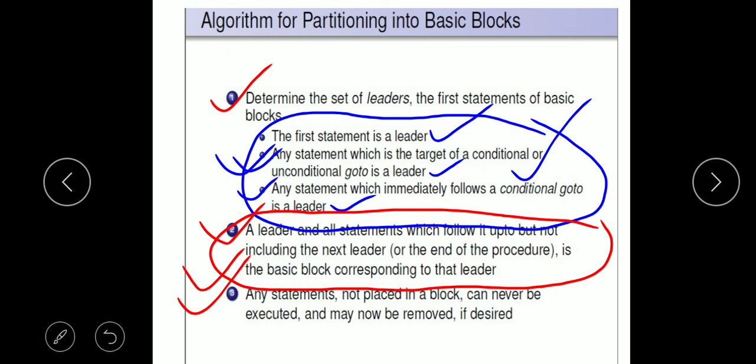You need to remember this one. Again I am repeating, a basic block contains a leader statement and all statements which follow it up to but not including the next leader statement.